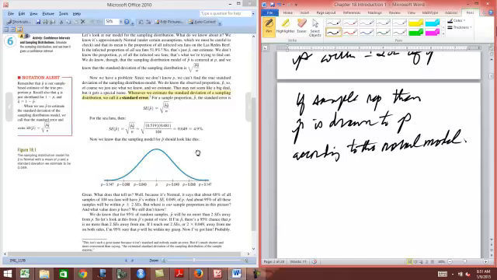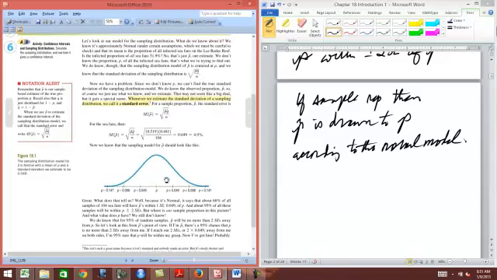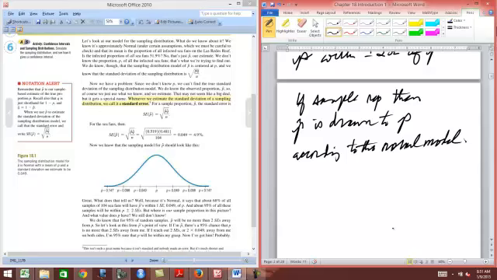Therefore, we can logically conclude that we have a 95% confidence that a given p hat is plus or minus 2 standard errors. Let me draw the thing myself.